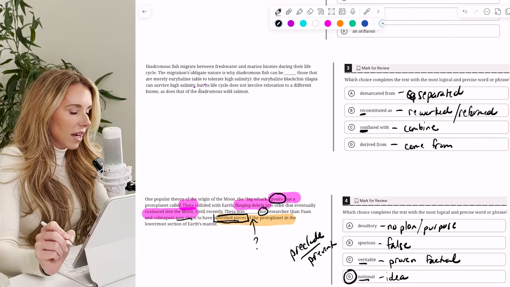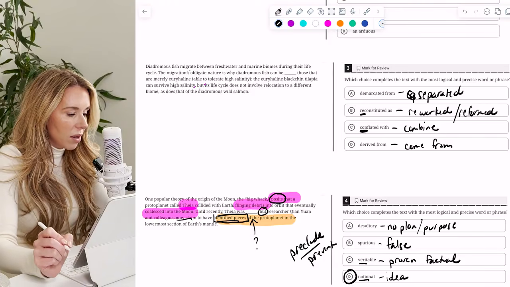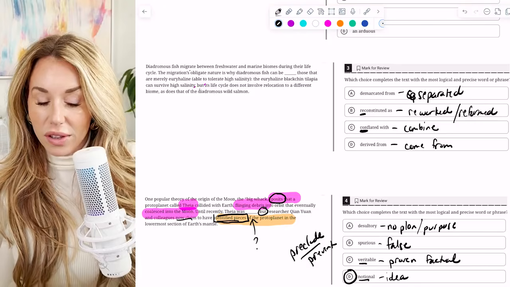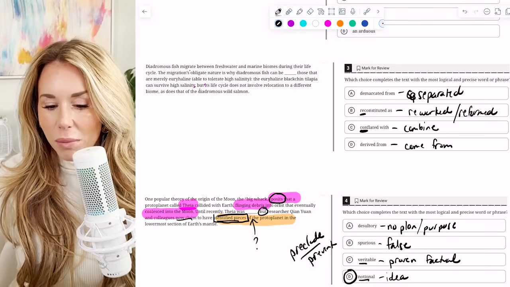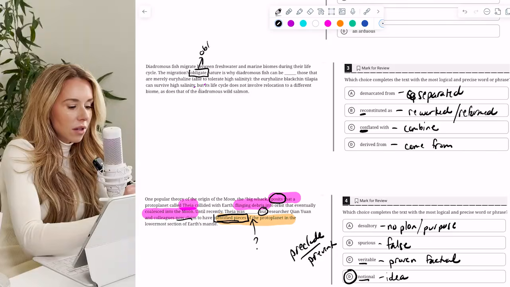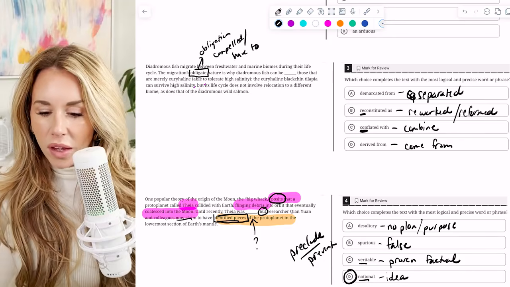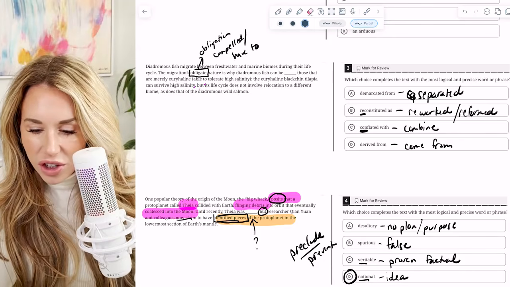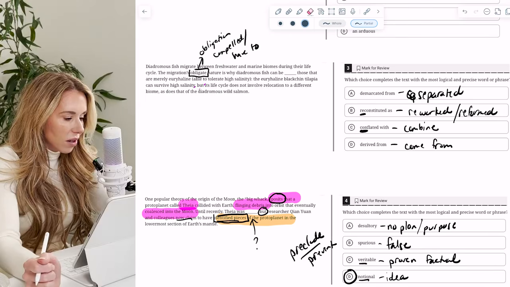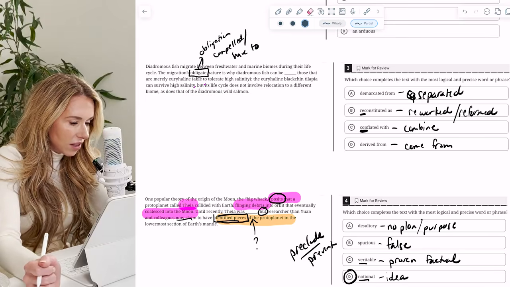So let's take a look at this context. So we have diadromous fish migrate between freshwater and marine biomes during their life cycle. The migrations obligate. Okay, you can see the word obligation from this, meaning they are compelled. They have to migrate. Is why D fish can be blank, those that are merely Eurohaline, able to tolerate high salinity.